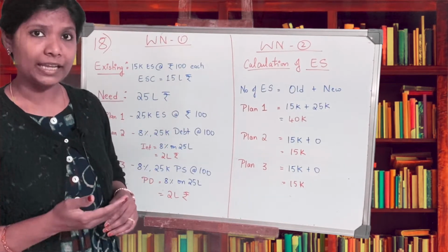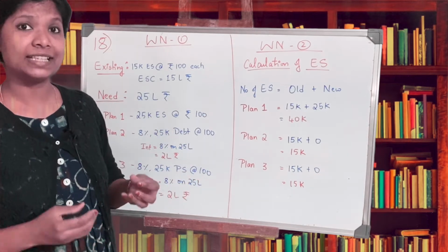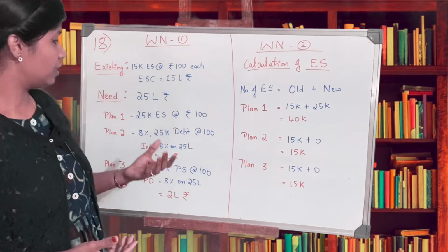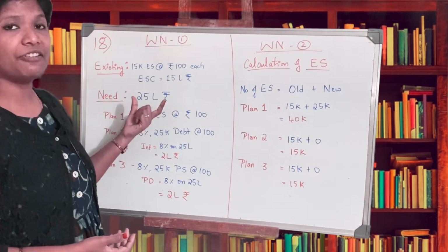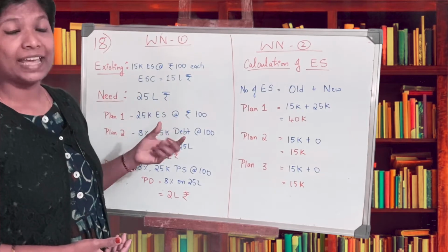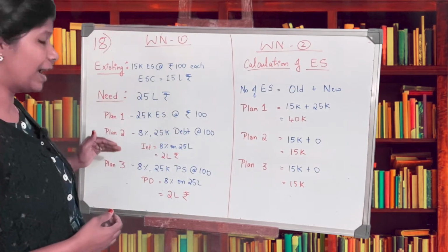Now company, in order to expand or in order to diversify their business, they need an extra capital. They need an extra capital of 25 lakh rupees. In front of them, they have 3 different plans, plan 1, 2 and 3.